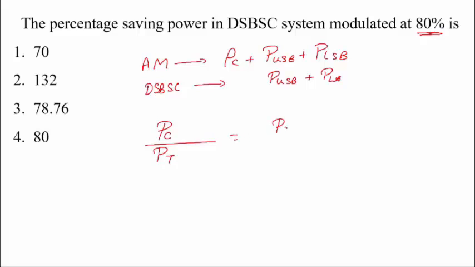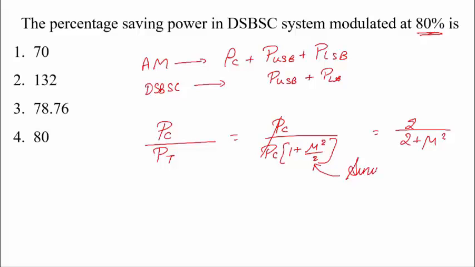What is PT? PT equals PC into (1 plus mu square divided by 2). So what I will be getting is 2 divided by (2 plus mu square). Now the modulation index given is 80%. Here I am assuming the default carrier is sinusoidal.